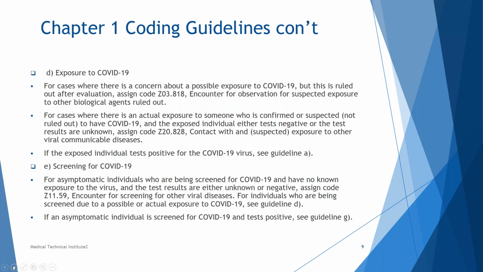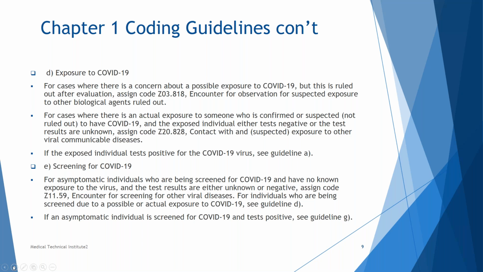Now we have our screening. For asymptomatic individuals, meaning no symptoms, who are being screened for COVID-19 and have no known exposure to the virus, and the test results are either unknown or negative, then you use the code Z11.59, which is the encounter for screening for other viral diseases.